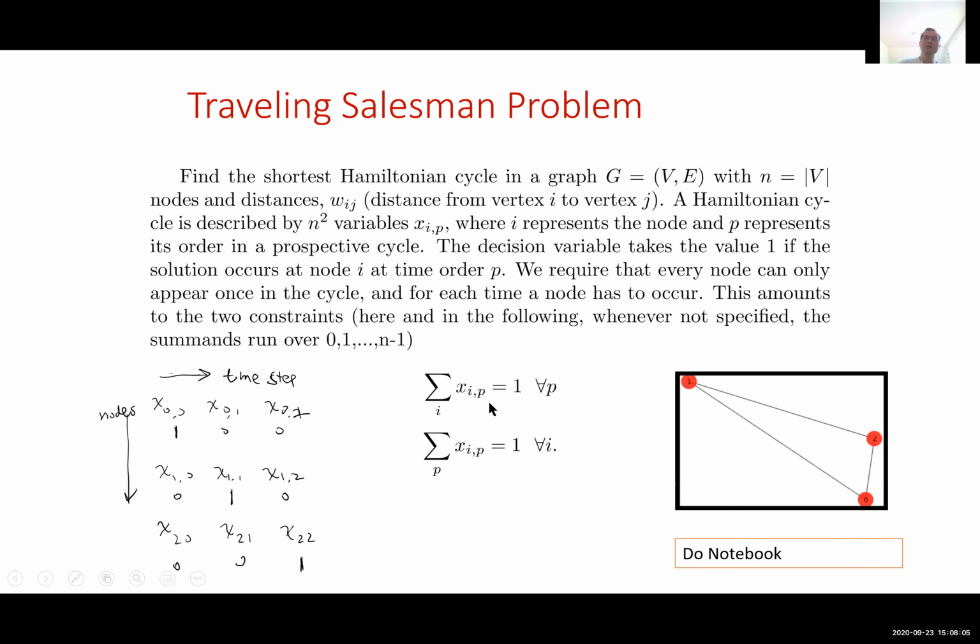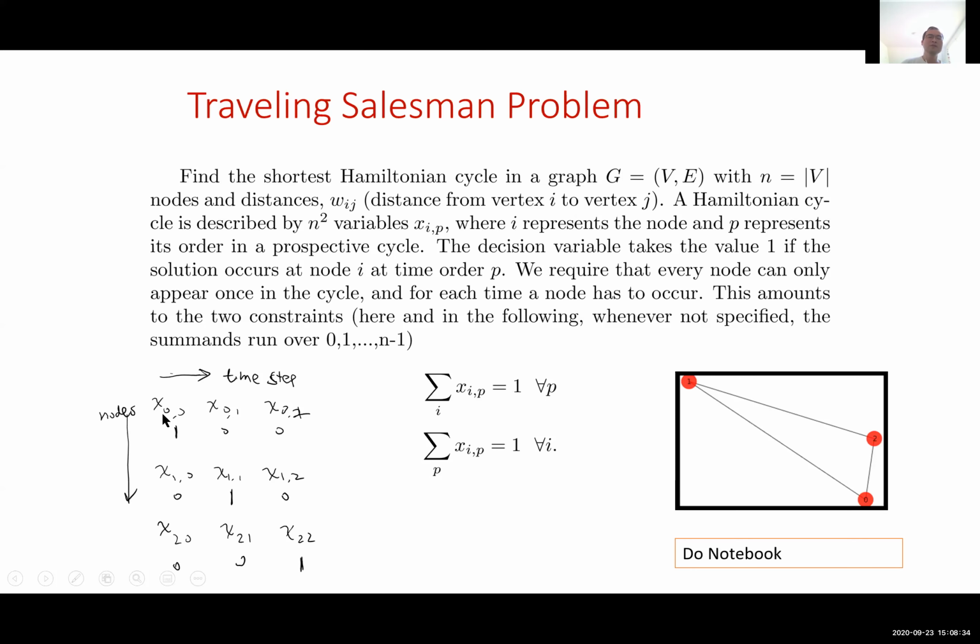P is the location of the city, so city 0, 1, 2, etc. You need to visit all the cities. The way that's set up is you can see this 2-dimensional array. This is the step, maybe you can also call it the city. This is the time step, and this is the node.